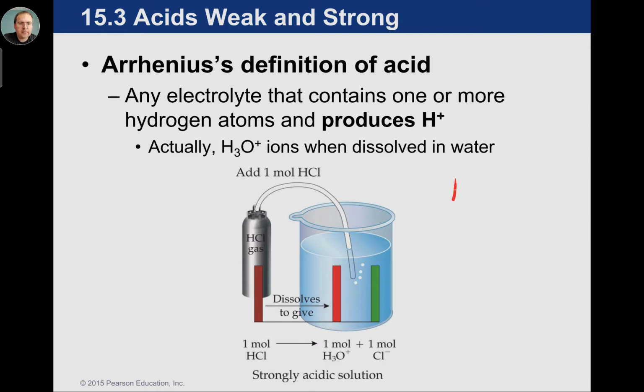So water is HOH. And if you were to split this, this would be hydroxide, which is considered an Arrhenius base. And here is H+, and that's called the proton.